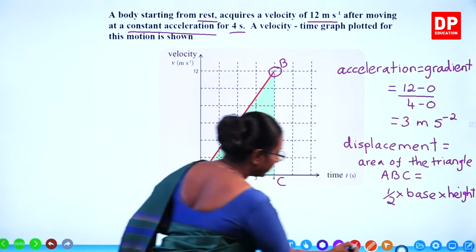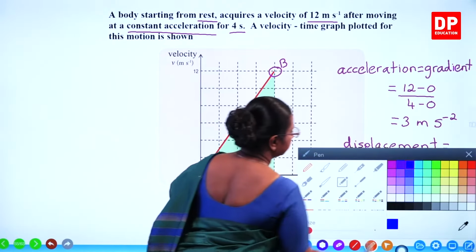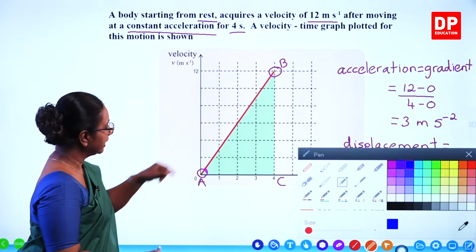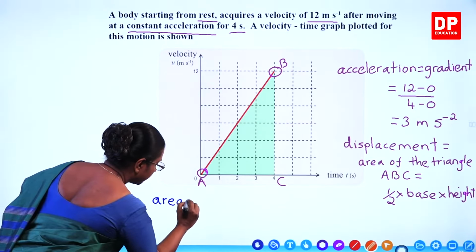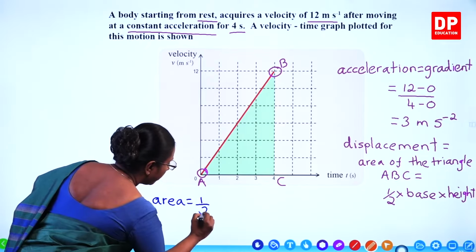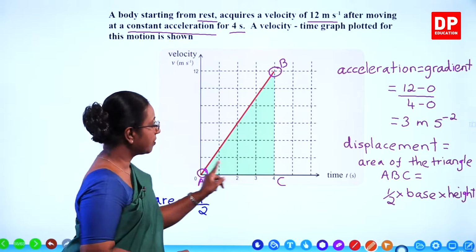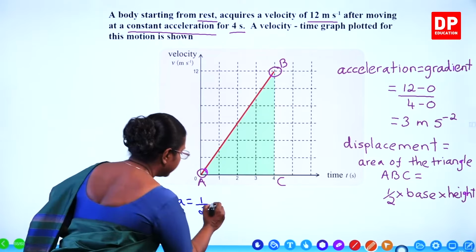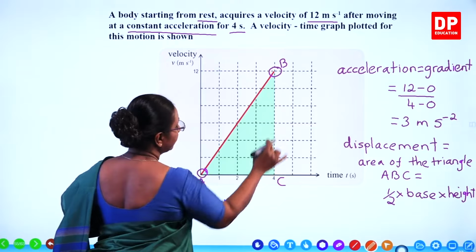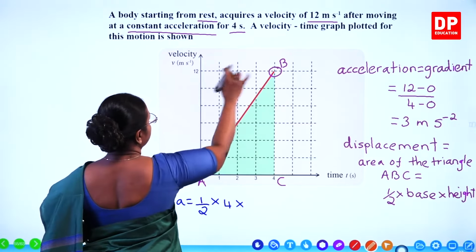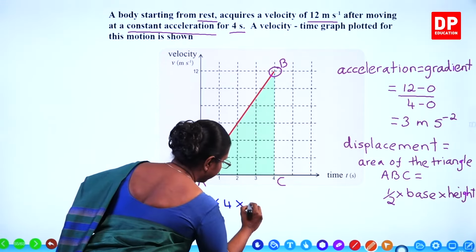You can see here again. Now when I calculate the area, that is half into base, which is from here to here, that is 4, and the perpendicular height is from here to here, that is 12.